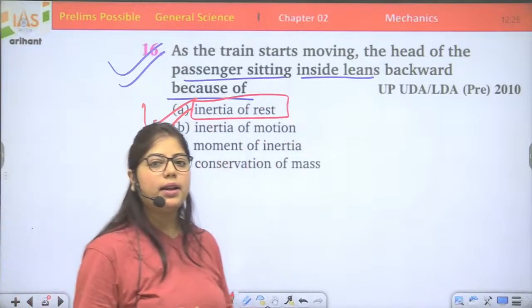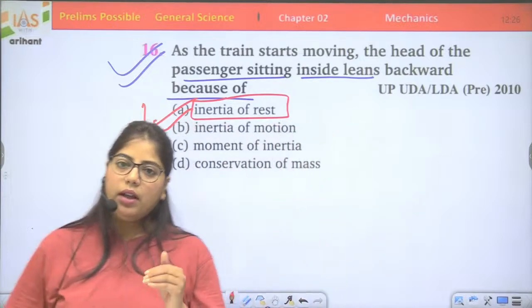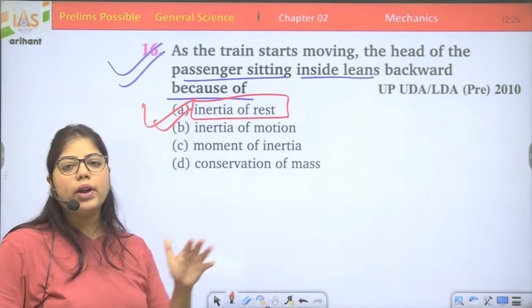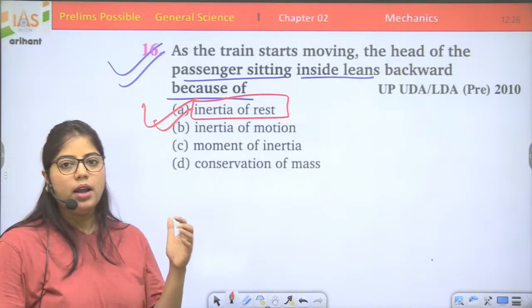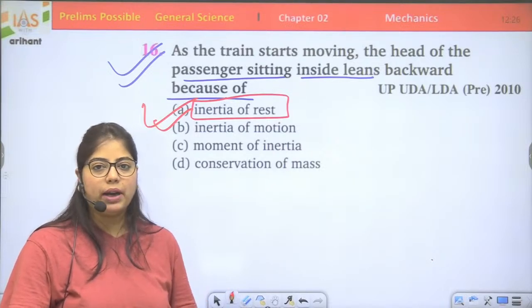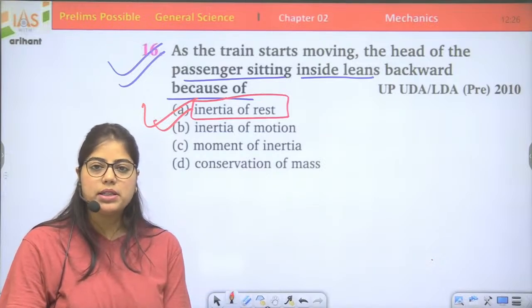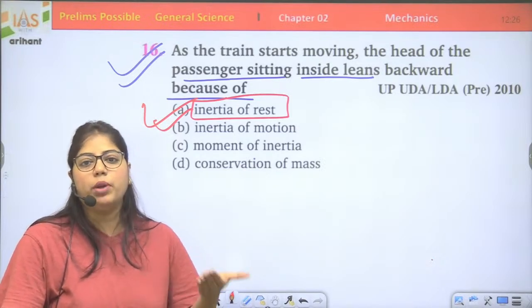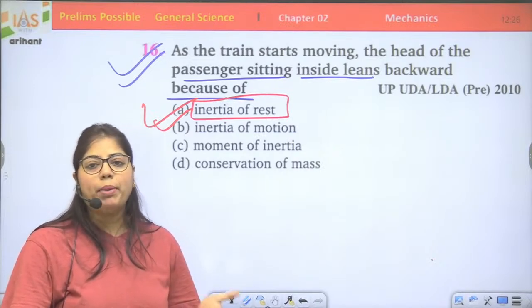When you are standing in the bus, when you are standing in the compartment of the train, and the train or bus is moving forward, divide your body into upper part and lower part. The lower part is moving with the bus, but the upper part of the body is at rest, which denies applying force on it.